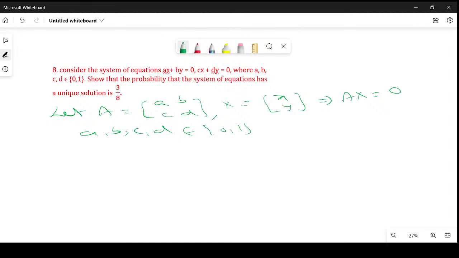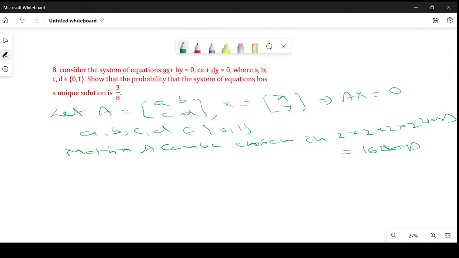Each element has two possibilities. So in how many ways can matrix A be chosen? It can be chosen in 2 into 2 into 2 into 2, that is 2 power 4 ways, which is nothing but 16 ways.